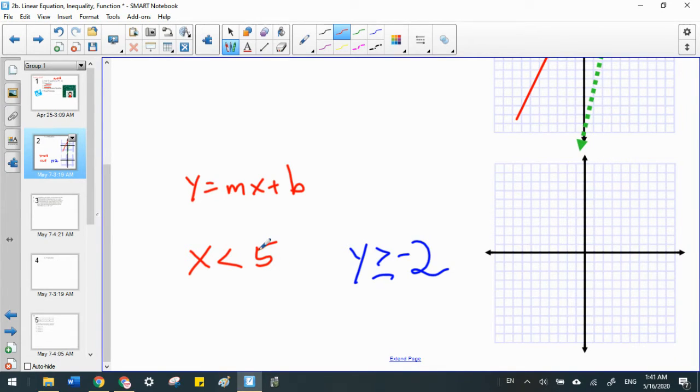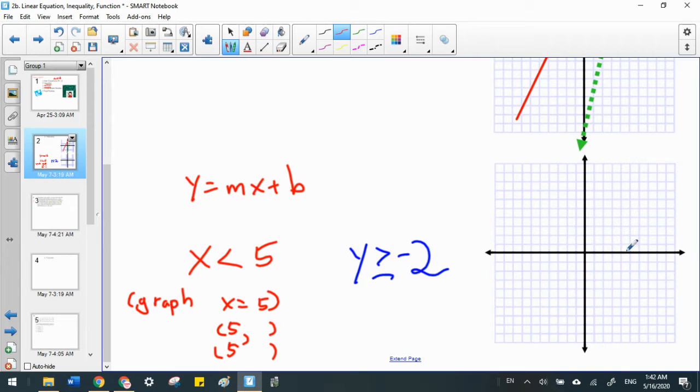So if I have x is less than 5 right now, the line that I'm trying to graph is the line x equals 5. If you forget, when you have x equals a number, whether it's supposed to be horizontal or vertical, just think about it as a line being made of infinite points. In this case, I have infinite points where the x value is supposed to be 5.